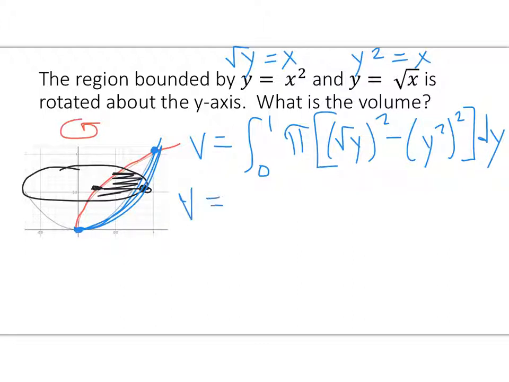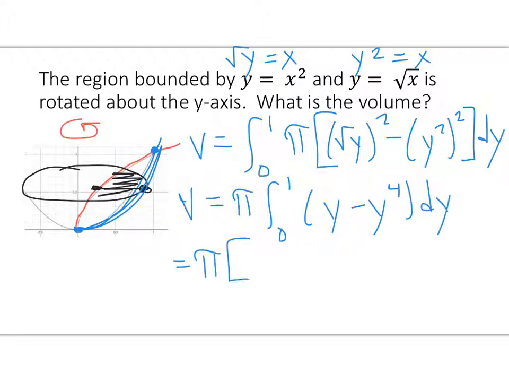So I have my volume equals pi times the integral from 0 to 1 of y minus y to the 4th dy. So this is pi times 1/2 y squared minus 1/5 y to the 5th, evaluated from 0 to 1.